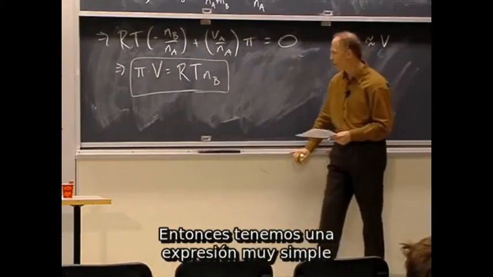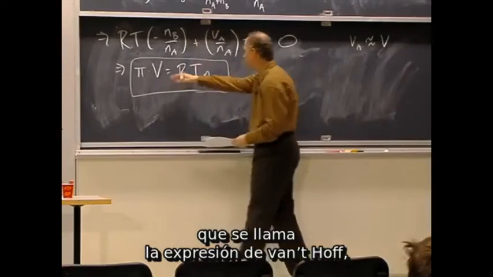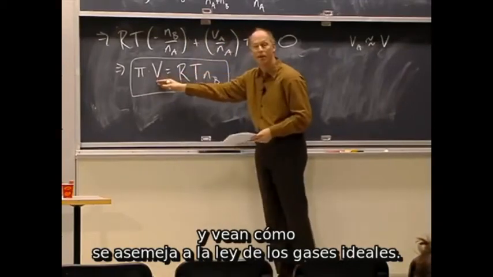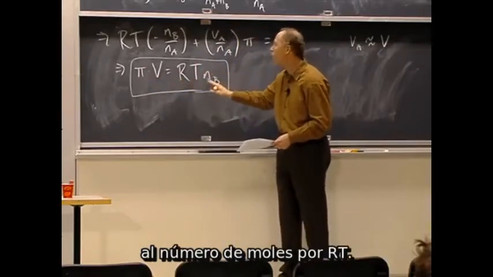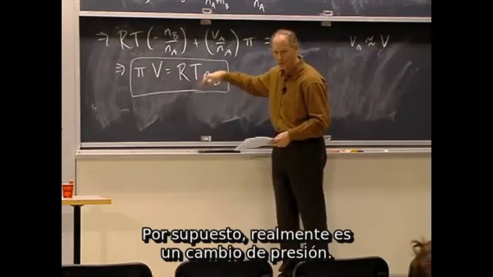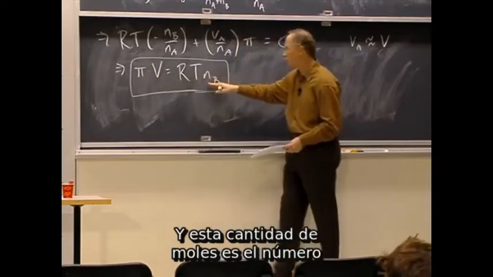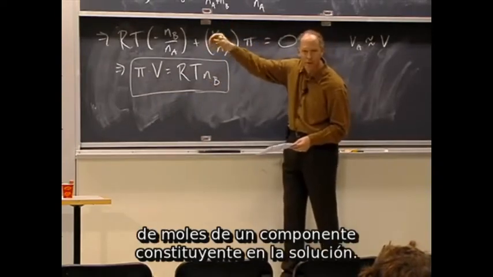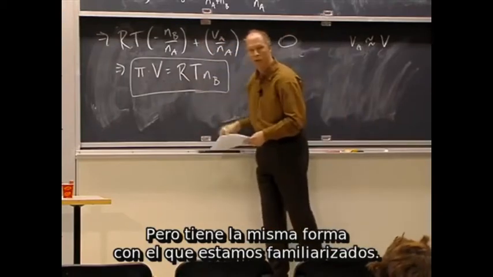So we have a very simple expression, which is called the van 't Hoff equation, and look at how it resembles the ideal gas law. This is a pressure times a volume equals a number of moles times RT. Of course, really, it's a change in pressure, and this number of moles is the number of moles of a solute constituent in a solution. But it has the same form that you're familiar with.